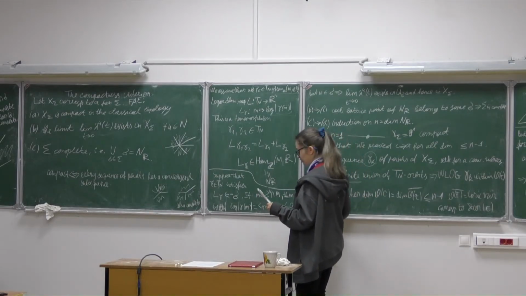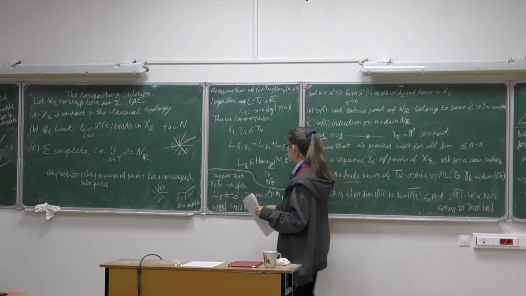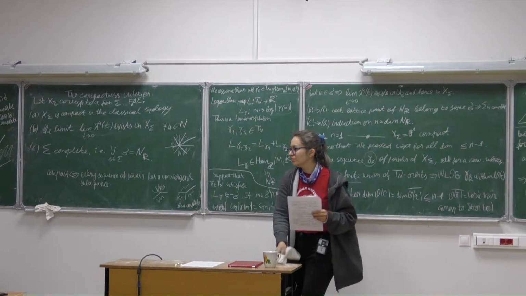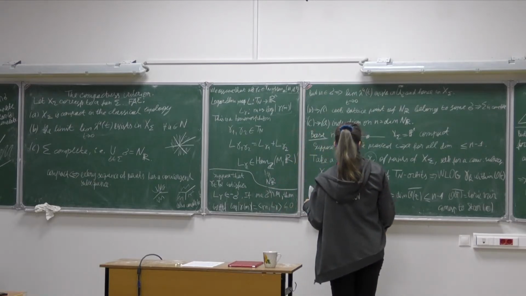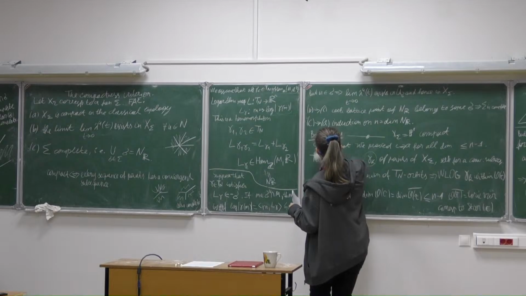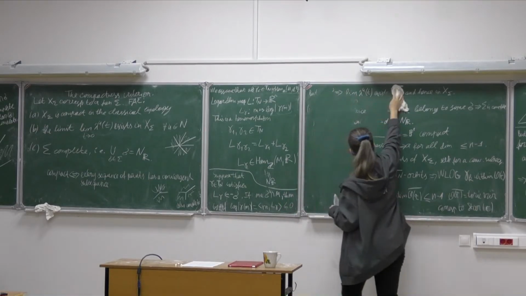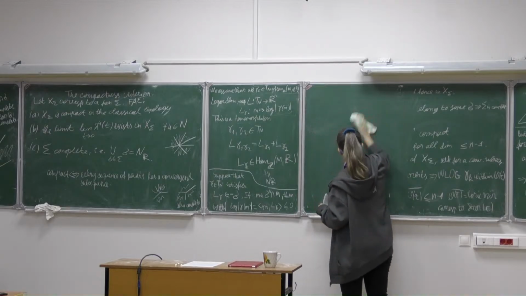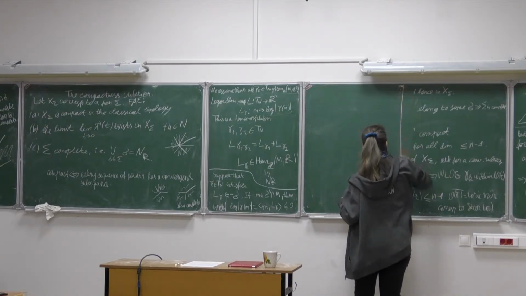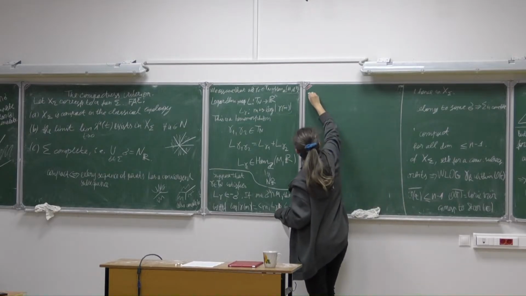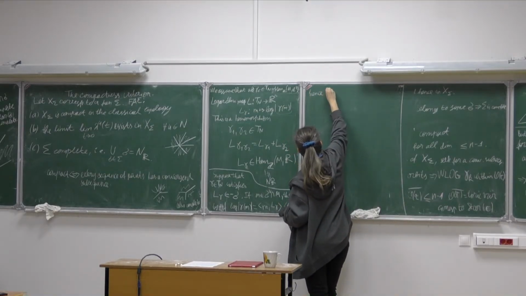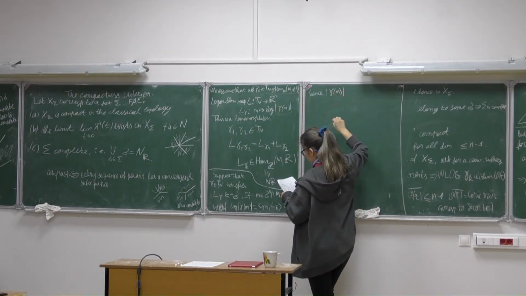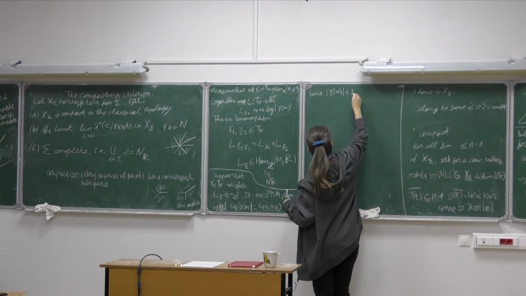We conclude here that the absolute value of gamma m is at most 1, not more than 1.